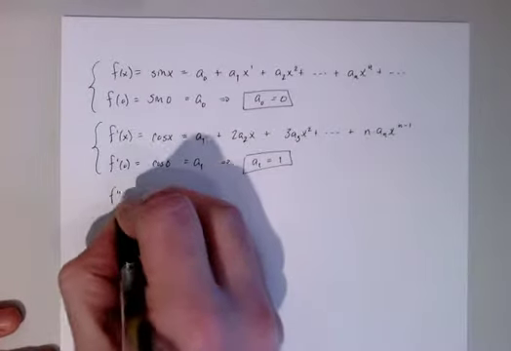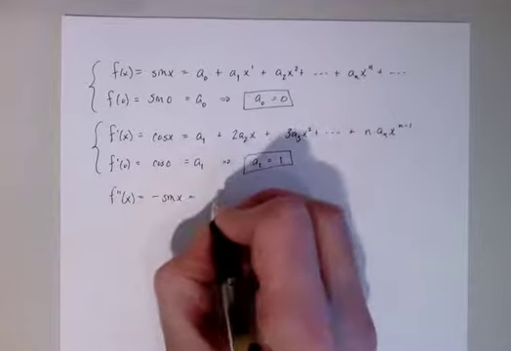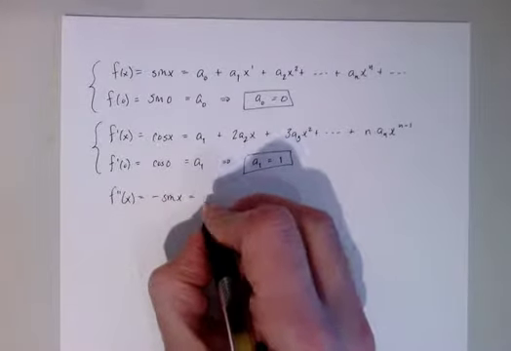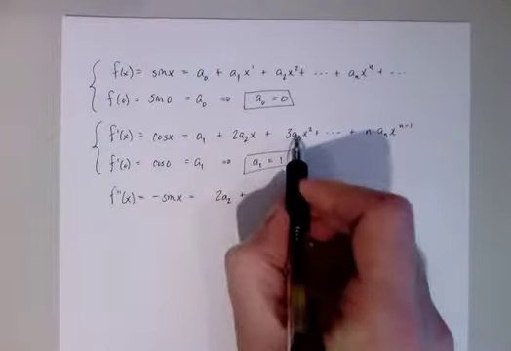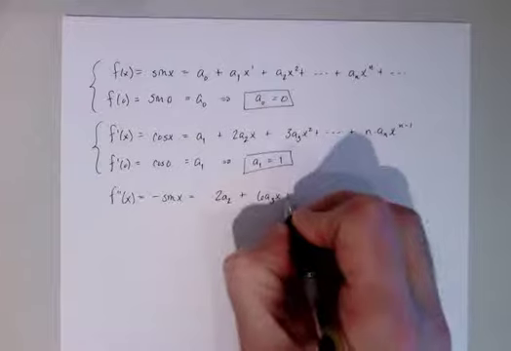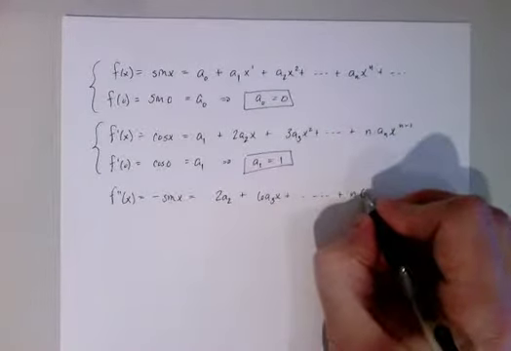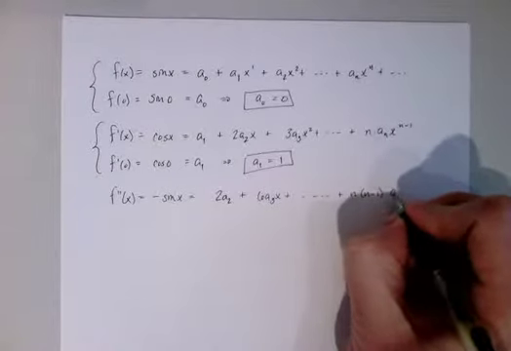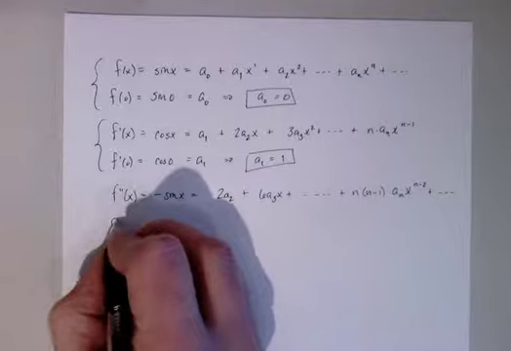Well, let's go ahead and actually show that. So we have negative sine x, and that becomes 2a sub 2 plus, well, let's take the derivative of this particular term. That becomes 6a sub 3 x, plus, plus n times n minus 1 times a sub n x to the n minus 2, and that can keep going off to infinity.